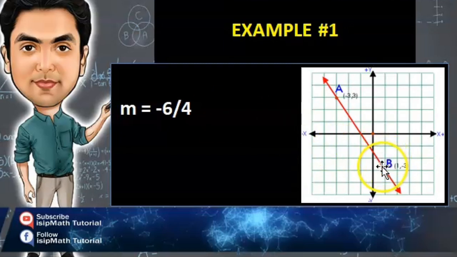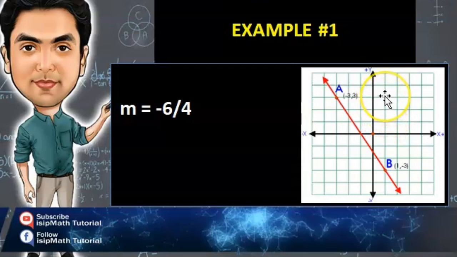What if baliktad? Dito tayo galing papunta dun sa taas. Ano kayang resulta? Okay, so what we're going to do is we will count the number of units sa rise po natin. Ito, yung rise po natin ay yung vertical po natin, di ba? So galing dito papunta sa taas. Count lang po natin kung ilang units. 1, 2, 3, 4, 5, 6.